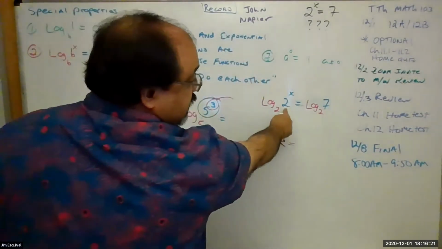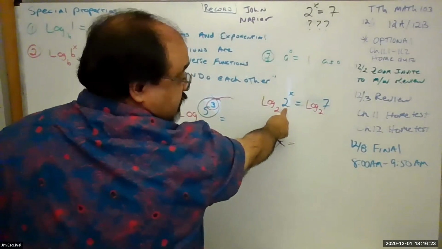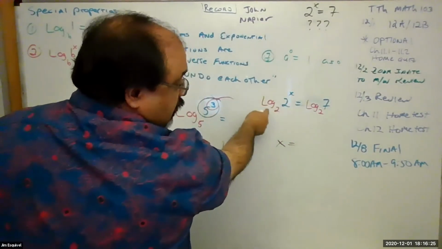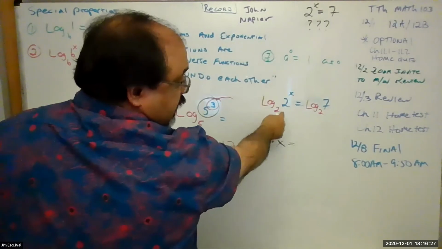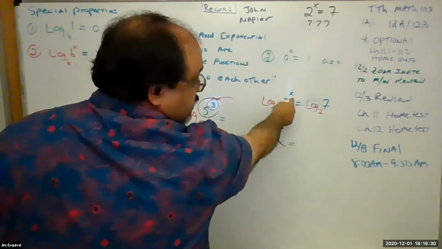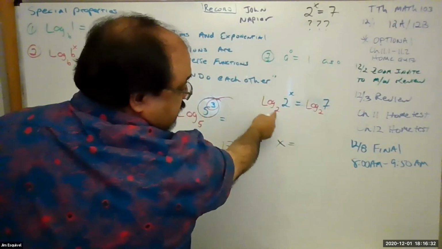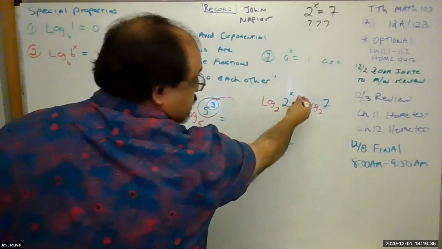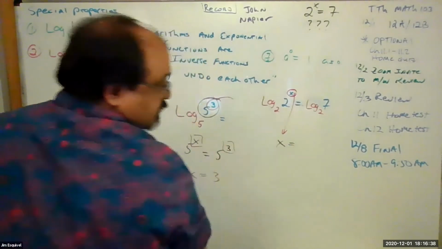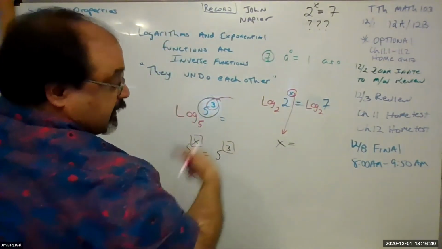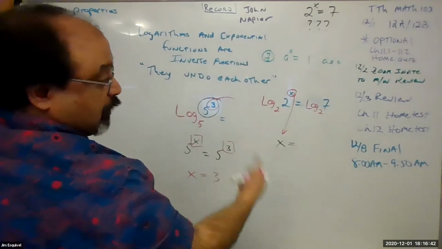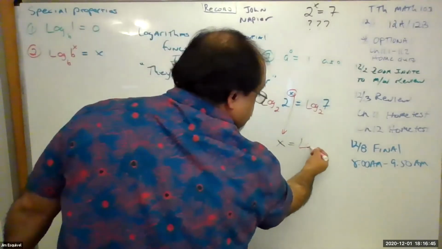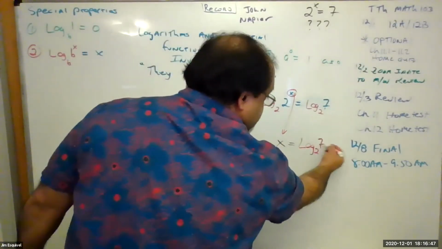Because the only thing that's going to undo an exponent base 2 is a logarithm base 2. Logarithm base 2 of 2 to the x is just that x. It undoes the exponent. And what do we end up with? The answer is log base 2 of 7.